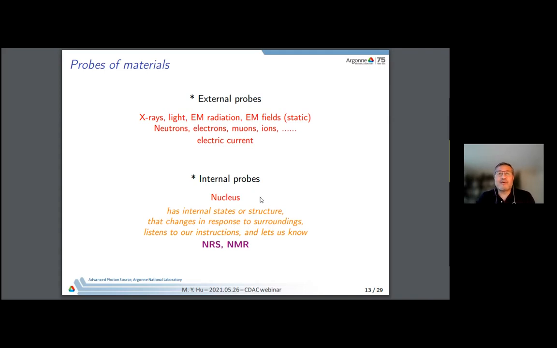But here the anthropomorphizing can go only so far, because the probe we're talking about cannot take our instructions and let us know. What we can do is excite them, and then watch their behavior afterwards. That way we kind of send instructions and then measure the output.